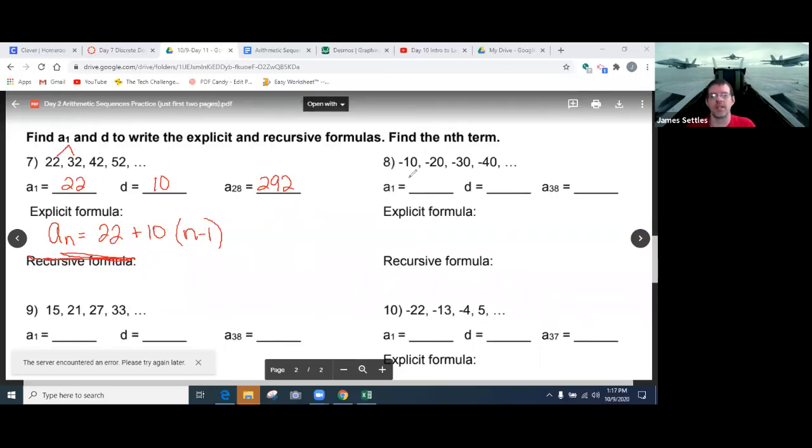So I'm going to see real quick, did you get A1 was negative 10? And then when you looked at the difference, it is going by 10, but the negatives are getting bigger, so it's going by a negative 10. All right, so if you got those two, see if you can now write the formula.